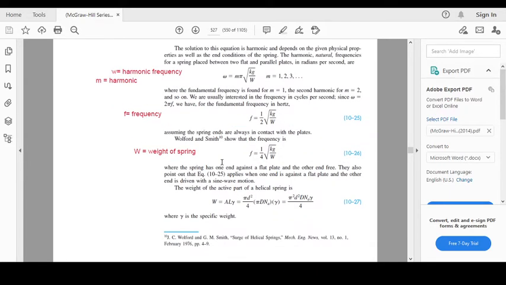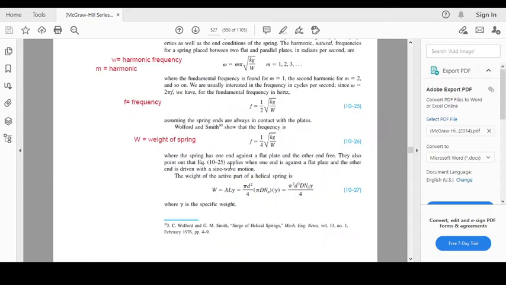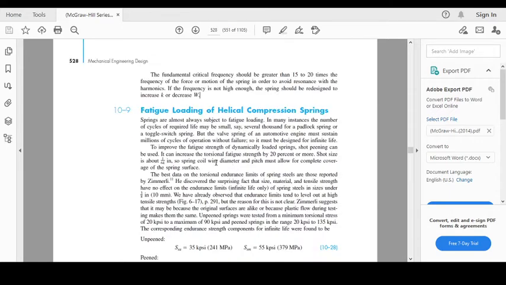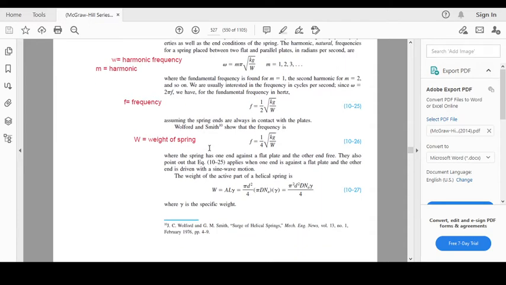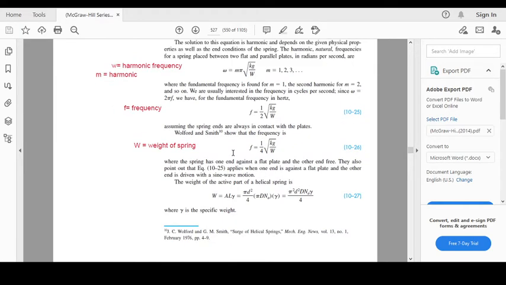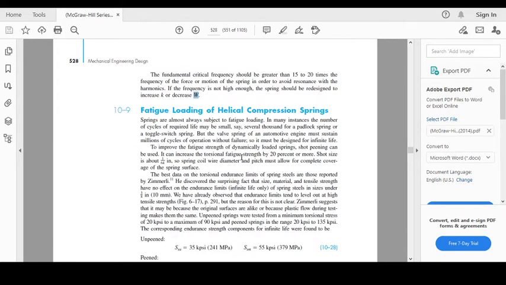Meaning that the critical frequency of the spring is related to the spring rate, the spring constant, or the weight of the spring. You have to decrease the weight of the spring, meaning that you have to choose a smaller, lighter spring.